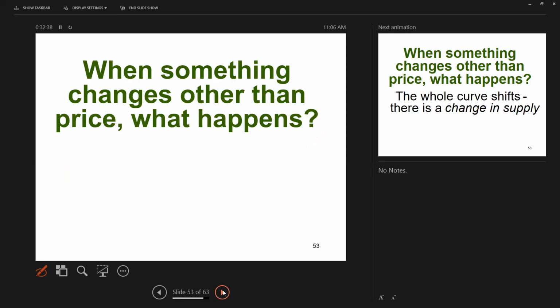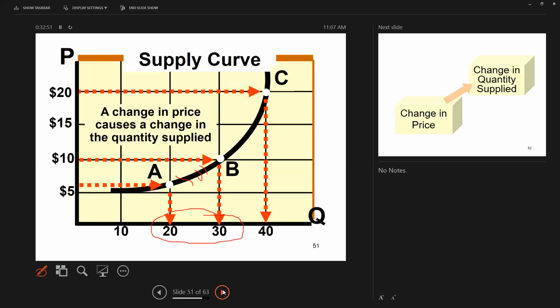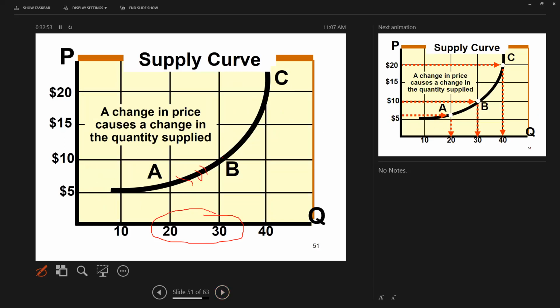And that is just a movement up or down the same curve. If we increase price, then quantity supplied is going to increase. We're going to move up the curve. If we were to decrease the price, say from point C, $20 a CD to 10, so we're decreasing the price.